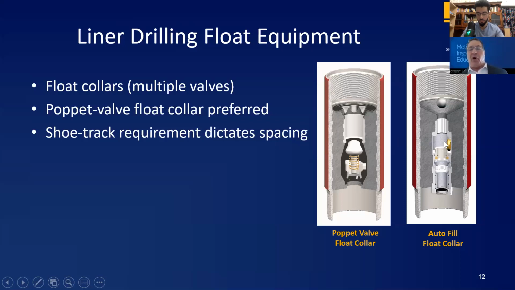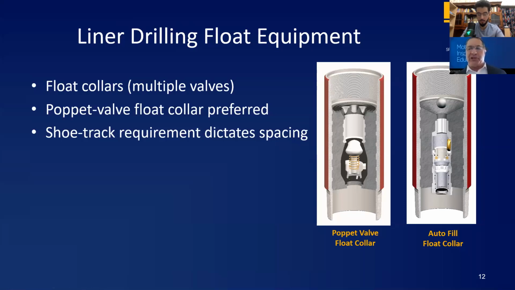The problem with autofill is you have a flapper valve right here. If you're drilling with this flapper valve in a closed position, it's exposed to a lot of cycles, a lot of flapping, because the flapper's moving up and down. And just like in connections, it probably has a limited fatigue life, and it could potentially fail.